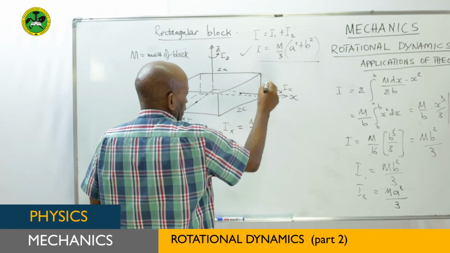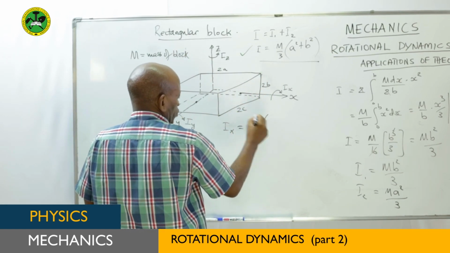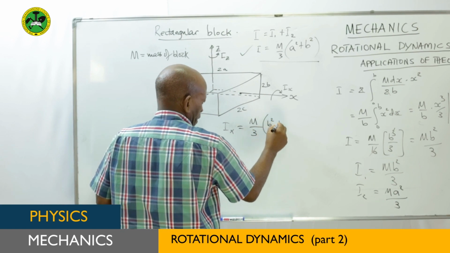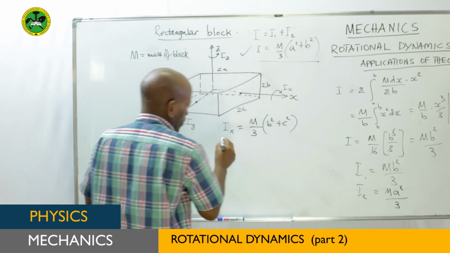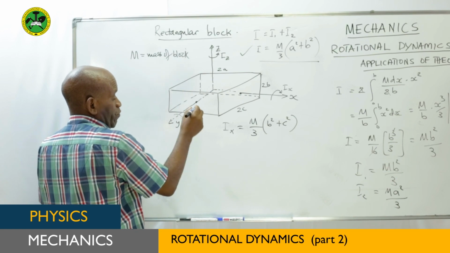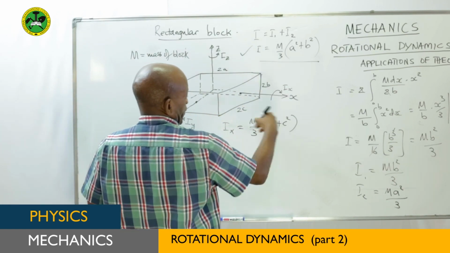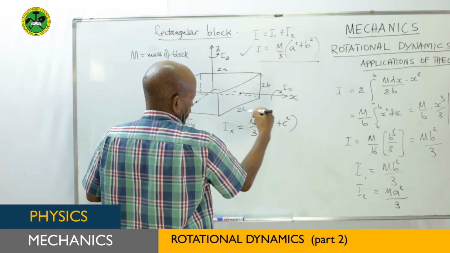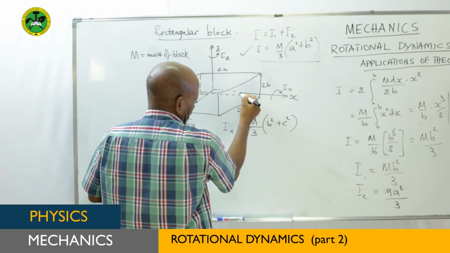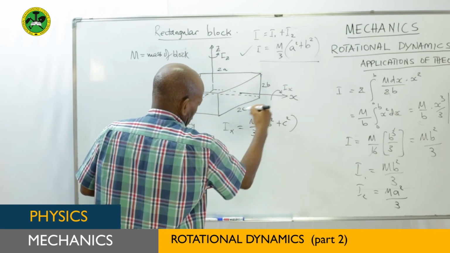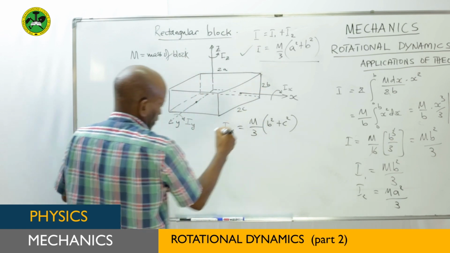So m over 3 times b squared plus c squared will be the moment of inertia for this block whenever it's rotated about the x-axis. Remember, this x-axis is passing through the center of this particular rectangular plate surface.